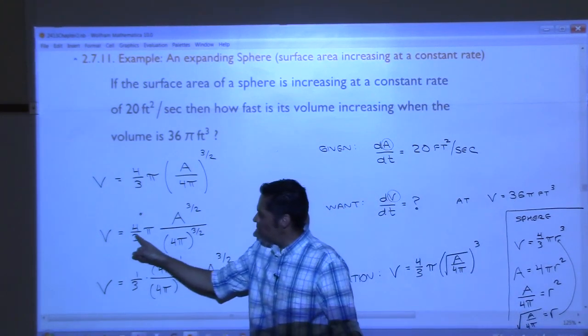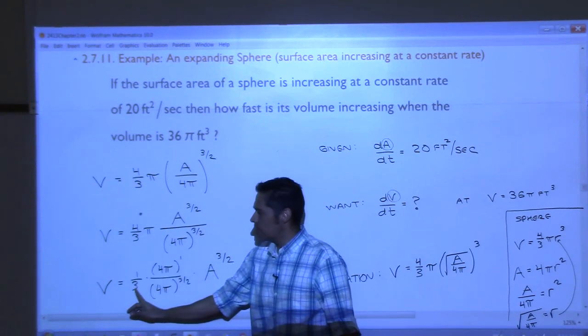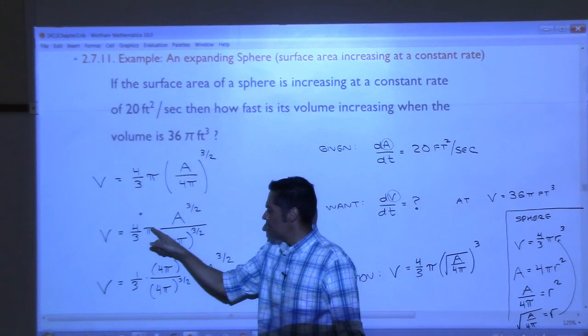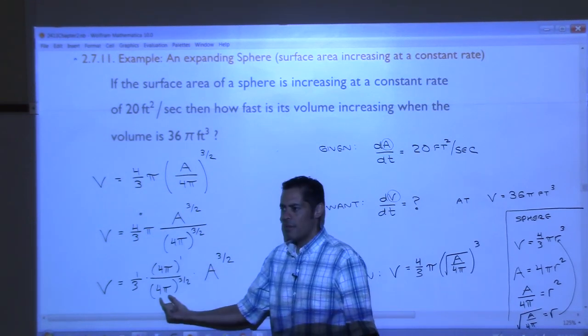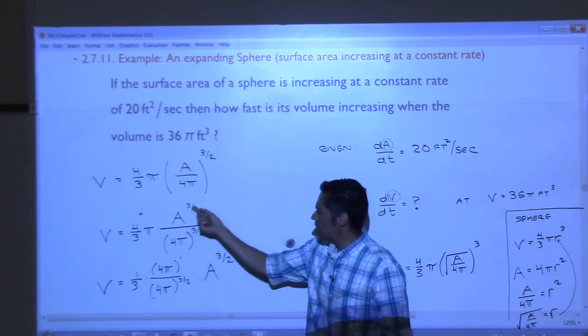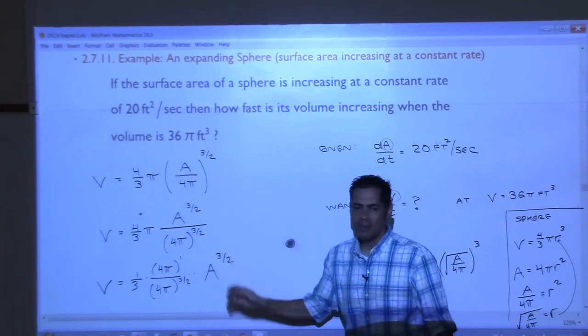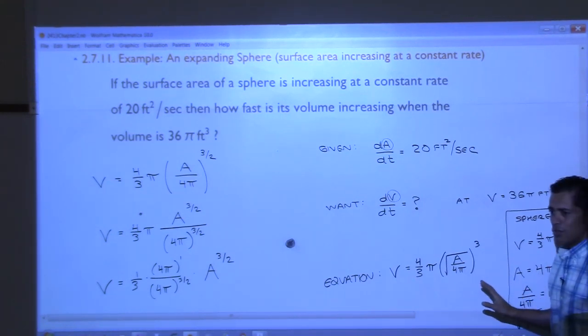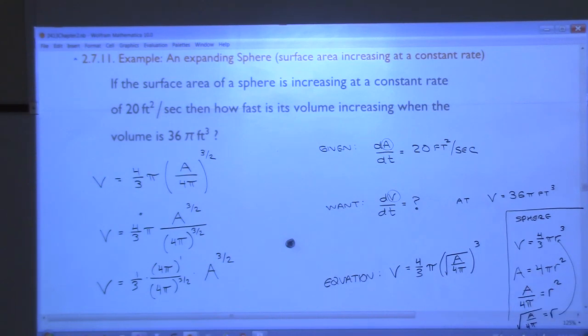See, if I take this 1/3 and just pop it out like this, and I take the 4 pi, it's 4 pi to the first power on top. On the bottom, I have 4 pi to the 3/2. Yes? And then the a to the 3/2 that's on top, I can just slide it out to the side. So all I'm doing right now is just algebraic manipulations. I have not taken any derivatives yet, right? There's no calculus in this yet.